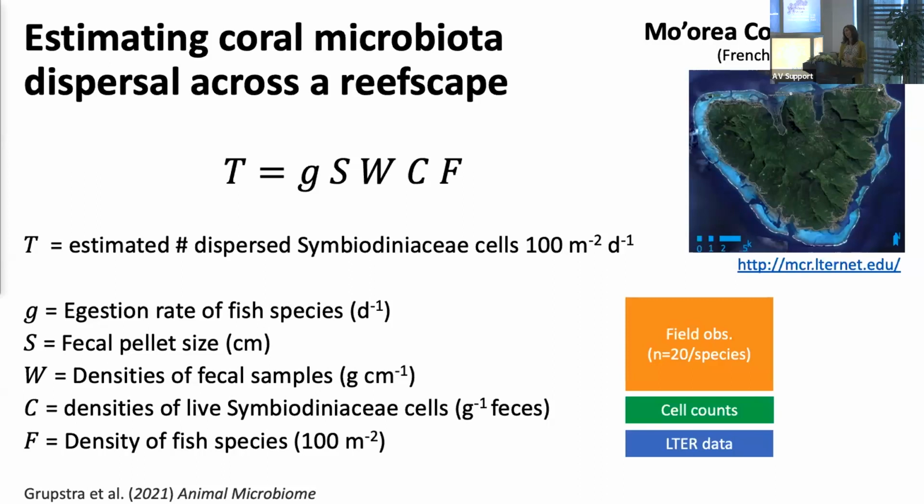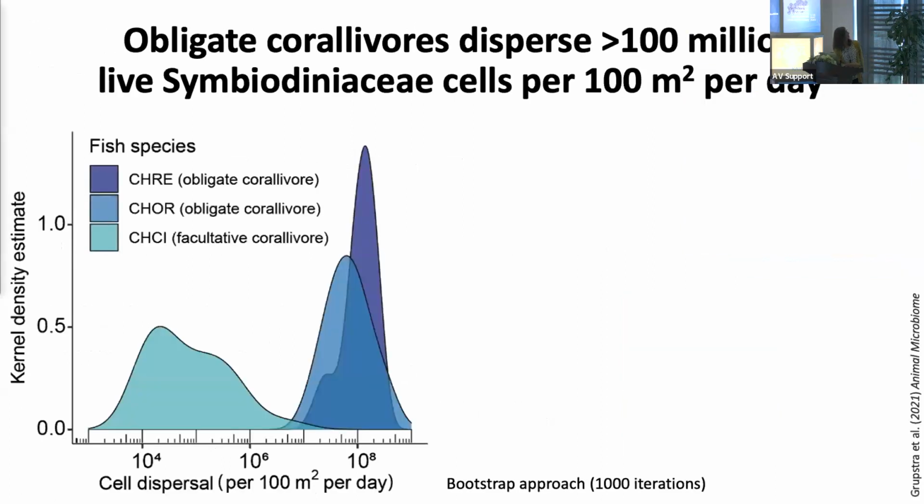And so we started to say, okay, let's not just look at what's coming out of an individual fish, but let's try to look at this at a larger reef scale. We used some long-term data that had been collected from the reef, as well as some things that we collected ourselves, and basically just scaled up. This is an example of what we found for a few of these different coral eating fish.